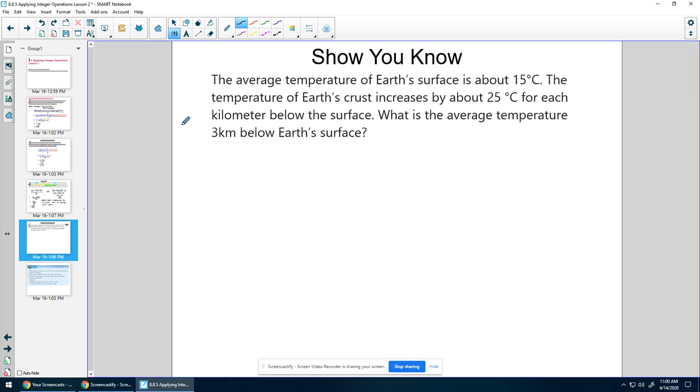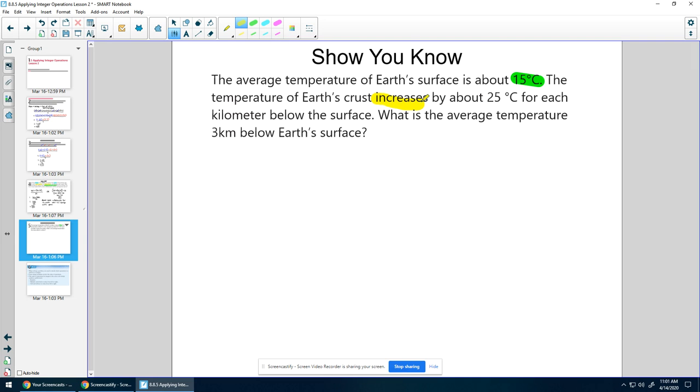Okay, so the average temperature of the Earth's surface is 15 degrees Celsius. The temperature of Earth's crust increases by about 25 degrees Celsius for each kilometer below the surface. So let's highlight some key info here. 15 degrees Celsius is the average.